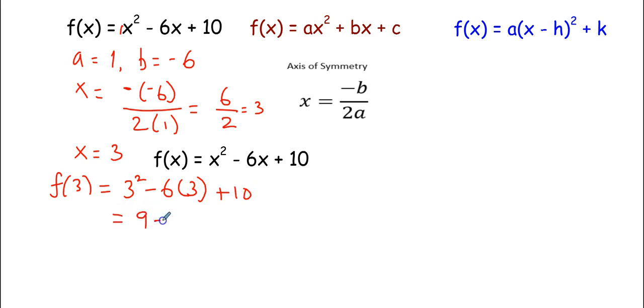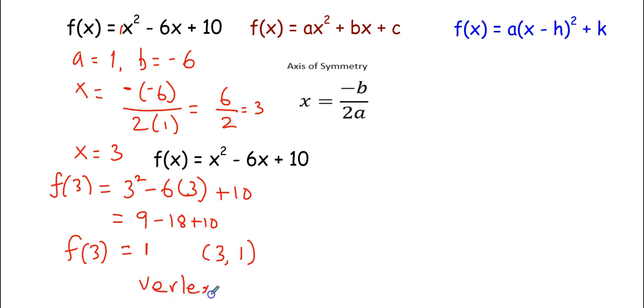That is 9 minus 18, 6 times 3 is 18, plus 10. That gives you 1, right? 9 plus 10 is 19, 19 minus 18 is 1. So f of 3 is equal to 1. When x is 3 and y value is 1, that is your vertex.